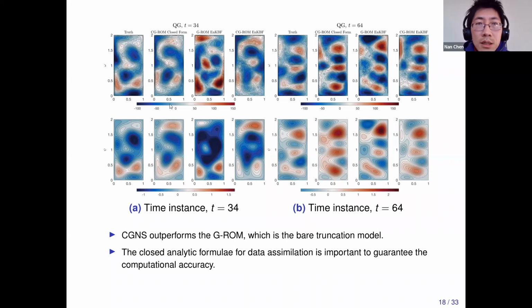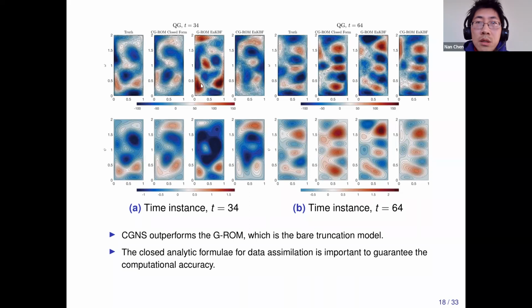The second column is the data assimilation result after we do the reconstruction using the conditional Gaussian reduced order model, and we use a closed analytical formula. You can see it is pretty similar to the truth. It's not perfect because we have some approximation error, but it's pretty similar, and you have a good approximation for large scale patterns.